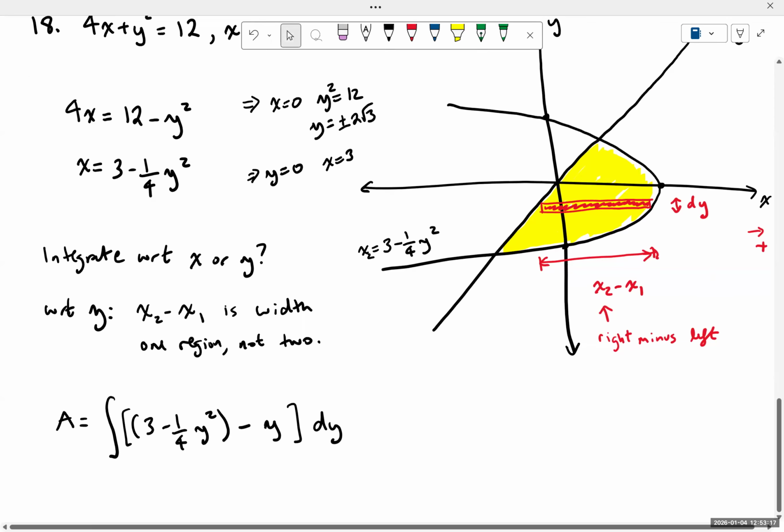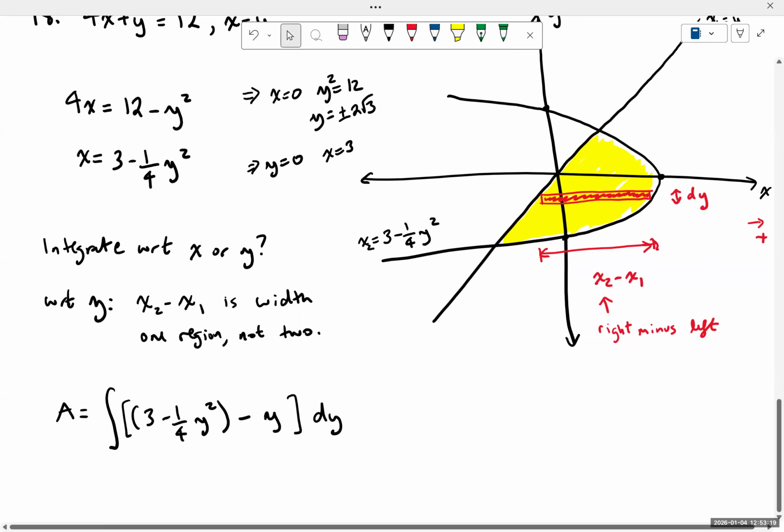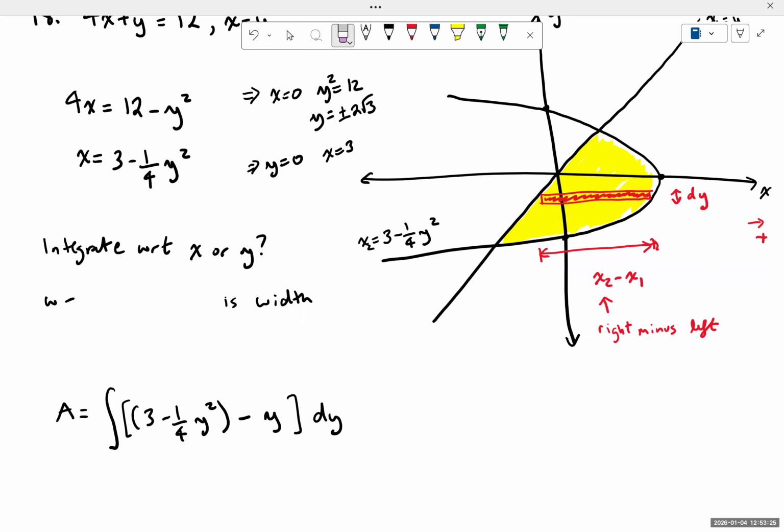Okay, so far so good. So that's my area integral, but I need to find my endpoints. So I'm going to get rid of this and use this area to find my endpoints. To find my endpoints, I need to find the y values where these two curves intersect. So I'm going to set the two curves equal.